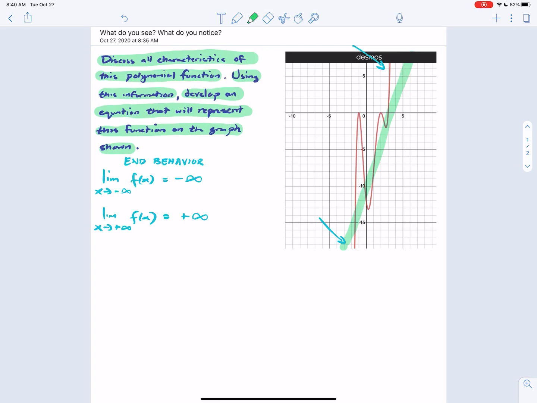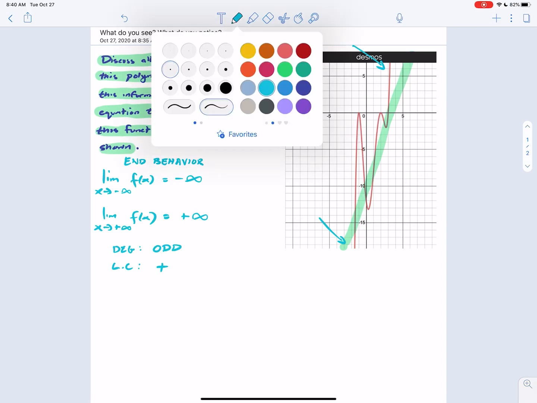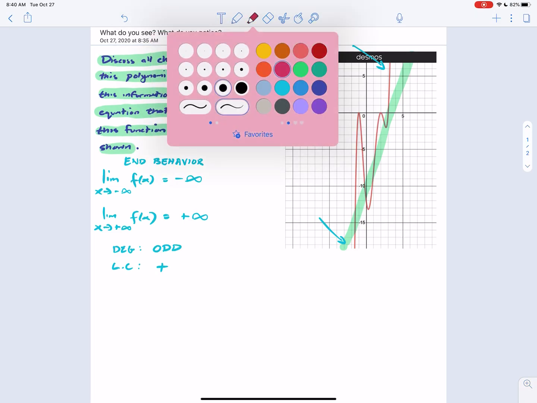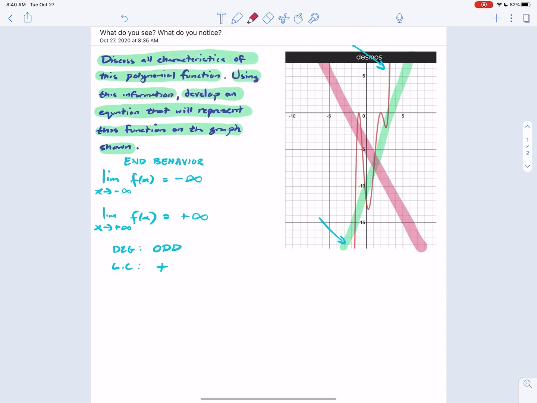Now it doesn't behave like it in between, but at the ends, they start at the bottom left and they end at the upper right. So that tells me that the degree must be odd and that the leading coefficient must be positive. Now, if the graph was going the other way, I would probably say that the degree is odd and the leading coefficient is negative because it's going in the opposite direction.